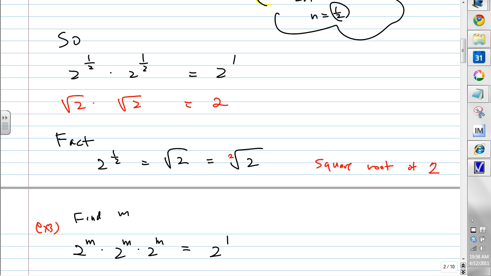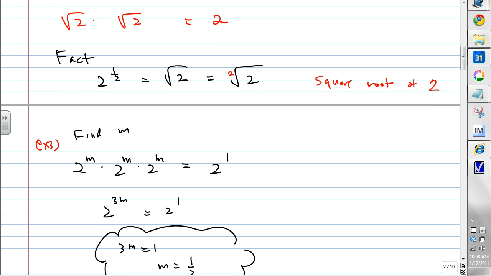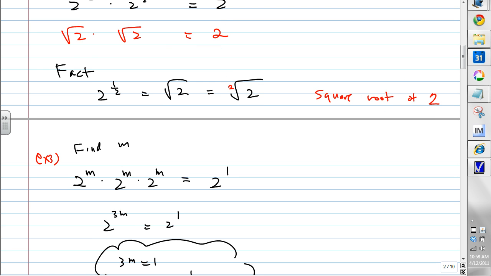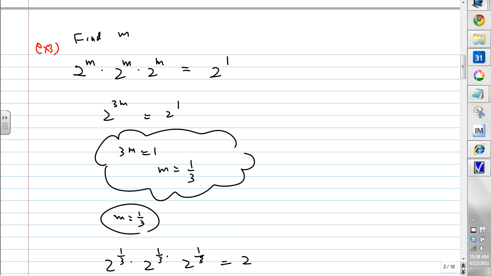Brian? 1/3 is correct. When you add m plus m plus m, isn't that 3m? So you know that 3m must equal 1, because the left side equals the right side. So m has to be 1/3. And you could verify that: 2 to the 1/3, 2 to the 1/3, 2 to the 1/3. You get 2 to the first, right?